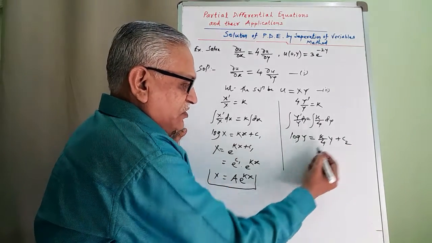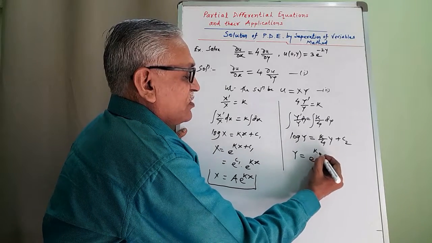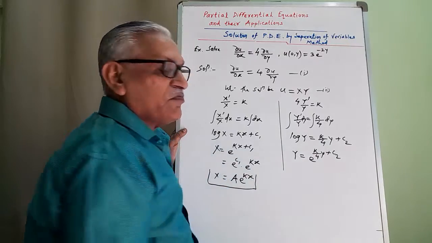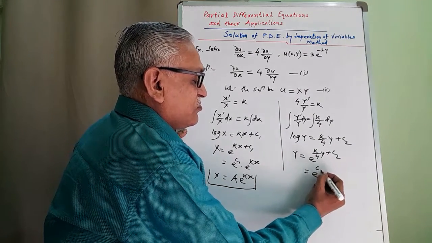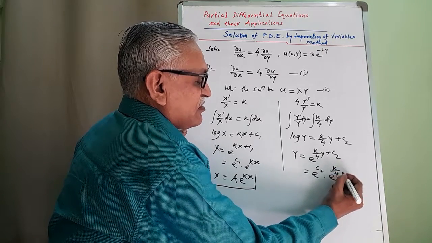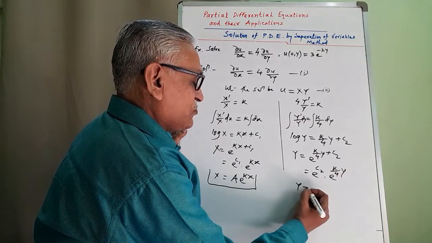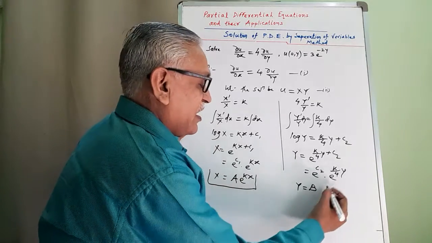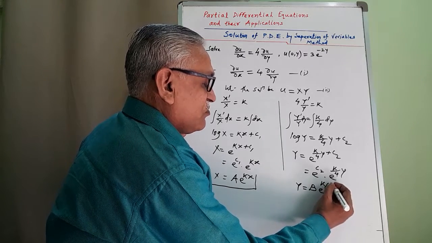Again transferring to the other side, Y = e^((k/4)y + c2). Split this as e^(c2) multiplied by e^((k/4)y), and therefore Y = B e^((k/4)y), where e^(c2) is some new constant B.